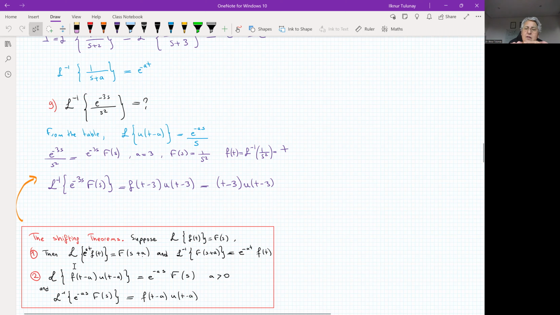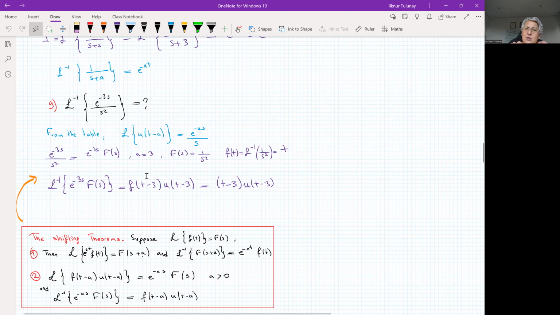I'm going to use the shifting theorem 2. The shifting theorem 2 says that the inverse Laplace transform of e^{-as}F(s) is equal to f(t minus a) u(t minus a). So this is the theorem, and I'm using this line here. That's all I am doing, right? f(t minus 3) u(t minus 3).